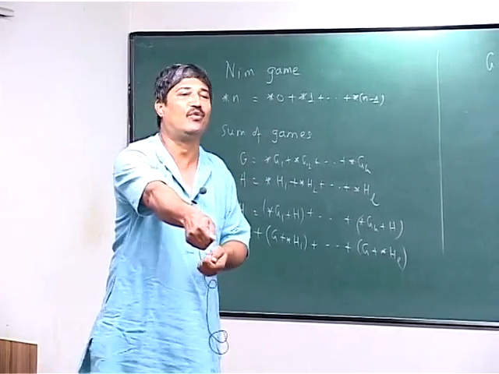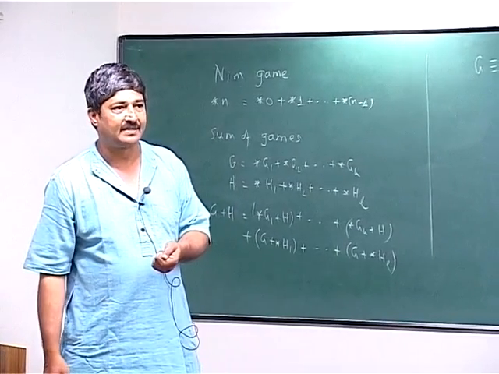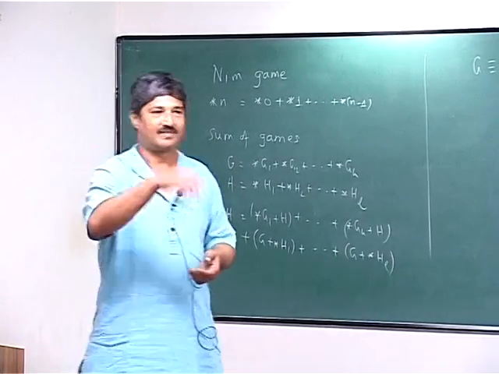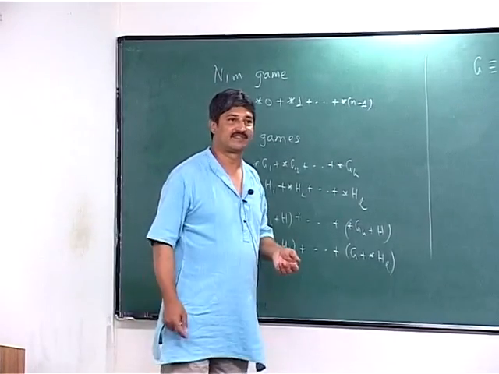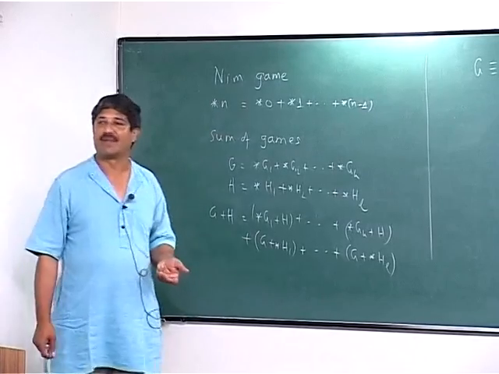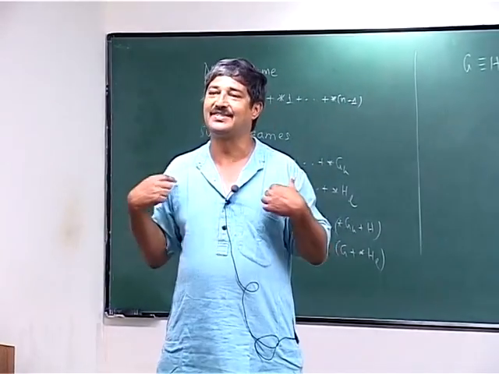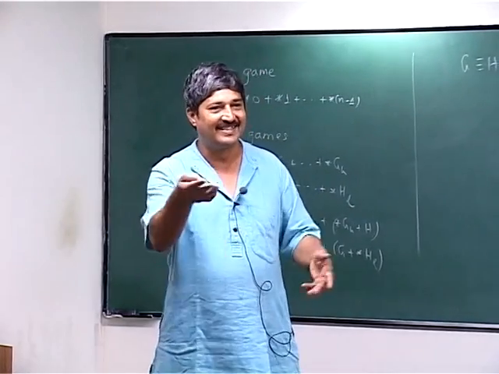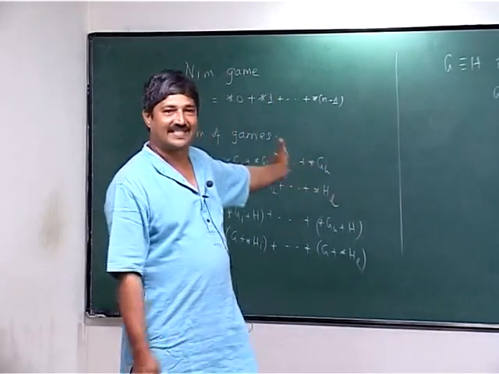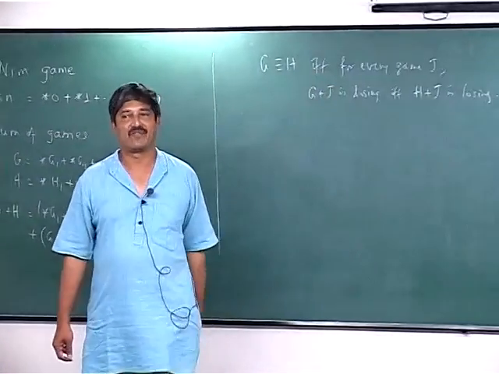Because I have an option to move there, which will be losing for you. So that's winning for me. If I have a sum, all of which are winning, then it's losing for me. This is an inductive definition, and we saw this yesterday. So you know when a game is losing.